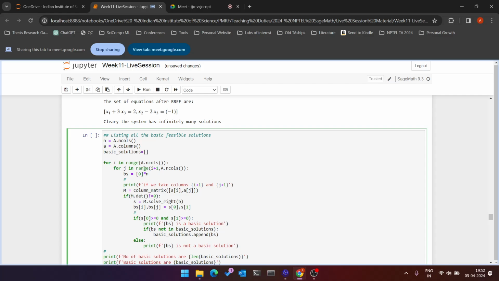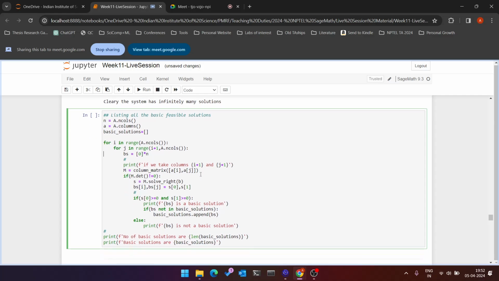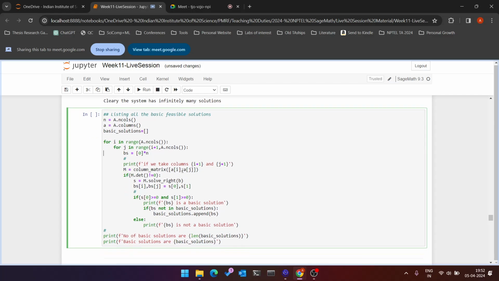And for i ranging over all columns, j will go from i plus 1 to the remaining columns of A. And from that we basically create a column matrix. So if we take, say, the first and second column, we create a column matrix ai comma aj.